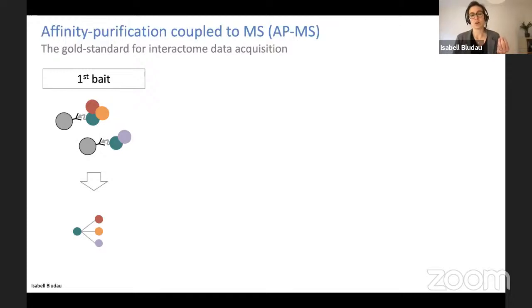And this will not only give you the bait protein, but it will also pull down all of the interacting proteins. So what this will result in is a very simple interaction network with one central node, which is the bait protein.